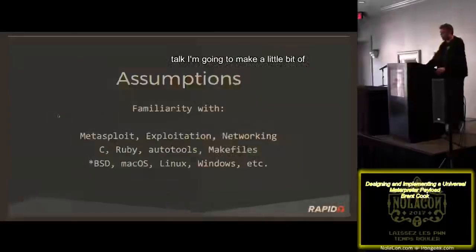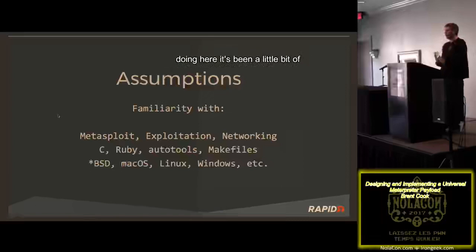So for this talk, I'm going to make a little bit of assumptions. I gave a talk on C programming not too long ago at Austin B-Sides, and I probably didn't make this super clear, but if you know C, that's actually a really great thing, because I'm going to be showing some C code. If you don't, I will definitely be explaining it and going through what we're doing here. If you know a little bit of Ruby, because we're going to talk a little bit about Metasploit, it's okay.